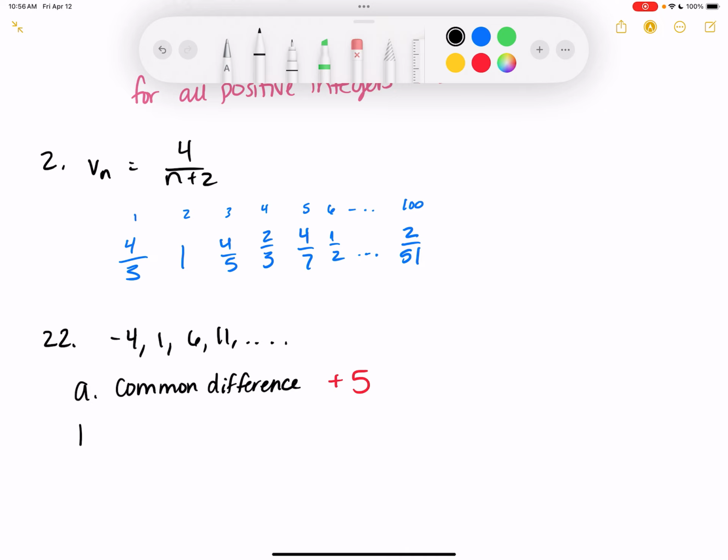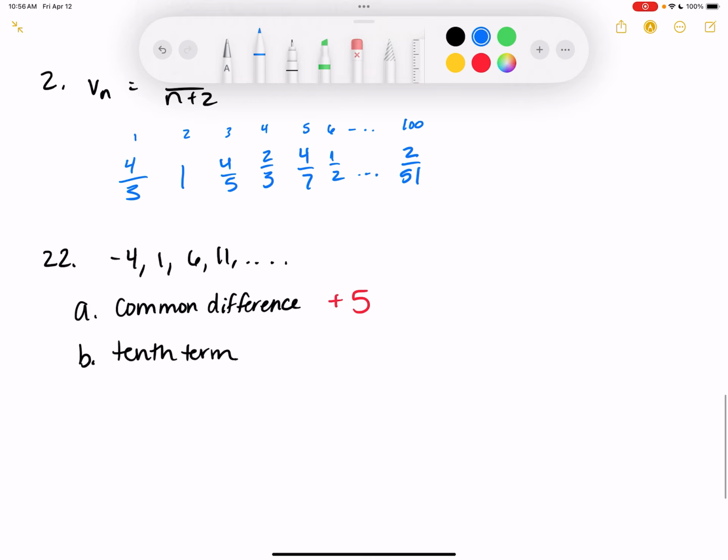B wants the 10th term. So we have 4 terms so far. If I just kept going, just to make it easy, I've got -4, 1, 6, 11. What's the next term? 16, then 21, 26, 31.